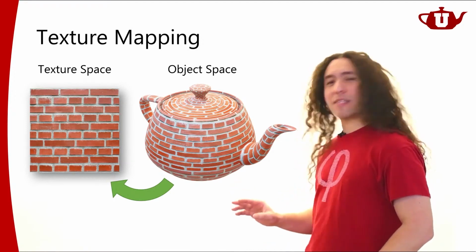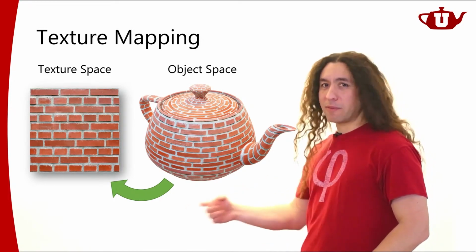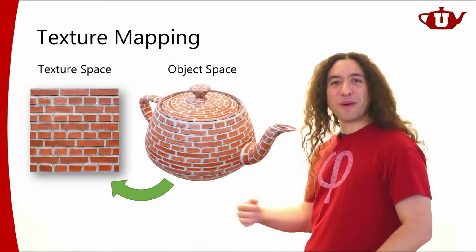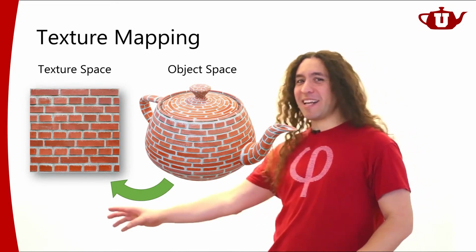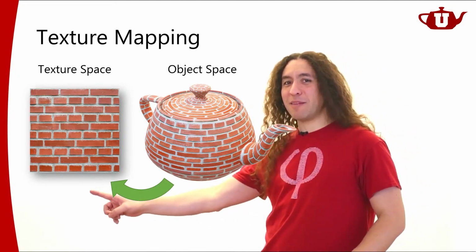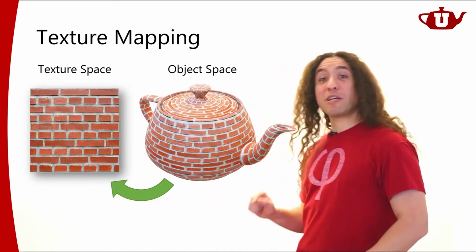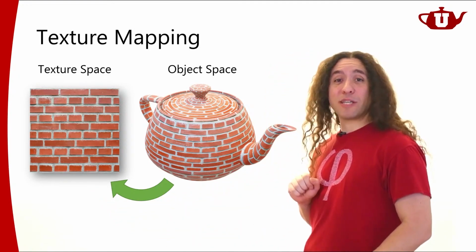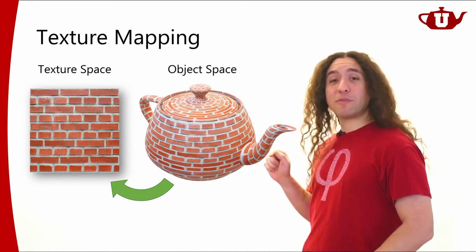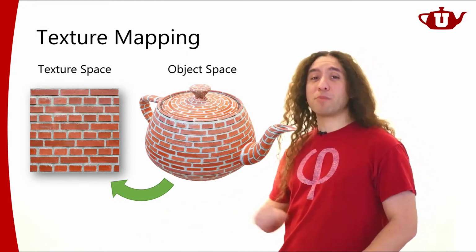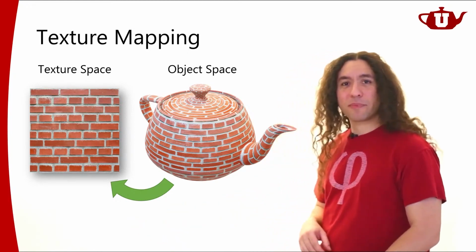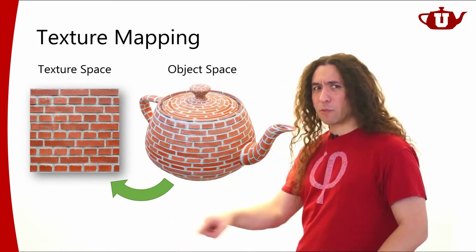There's an important distinction here. This is not necessarily a one-to-one mapping, right? Not every pixel of my texture corresponds to a position on the object, but every position on the object must correspond to a position on the texture space. So mapping is actually this way.